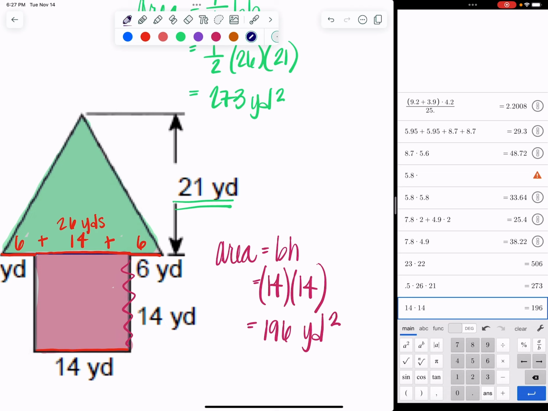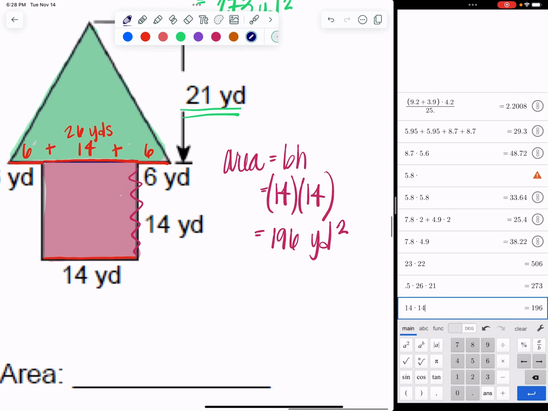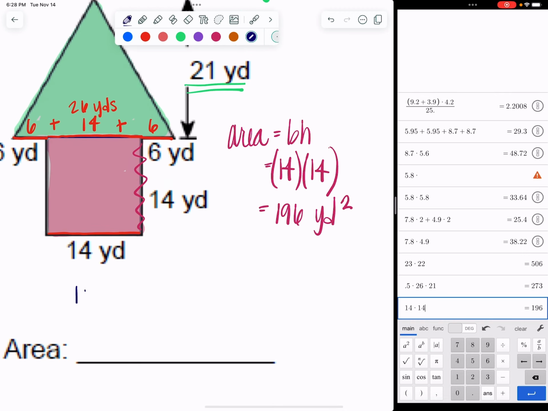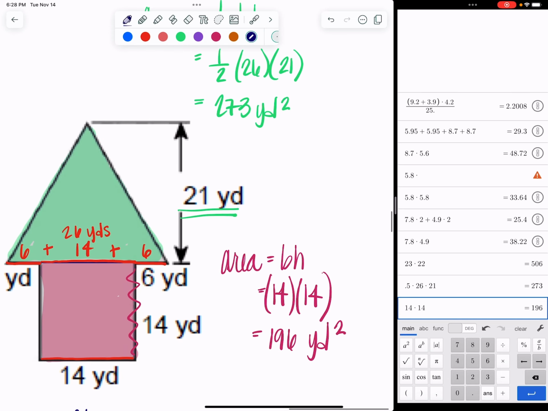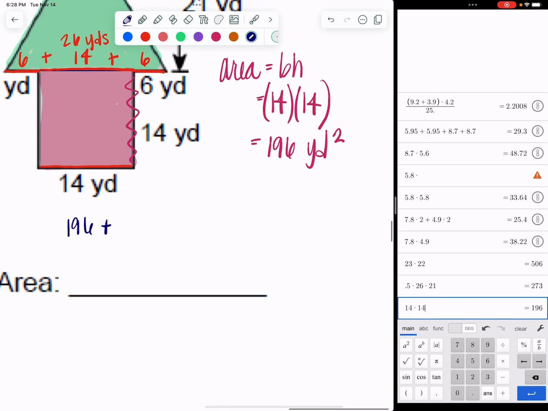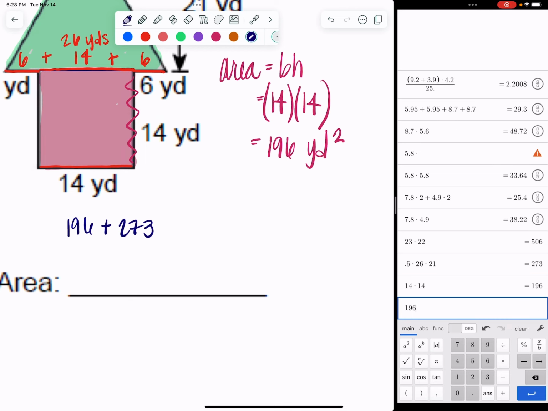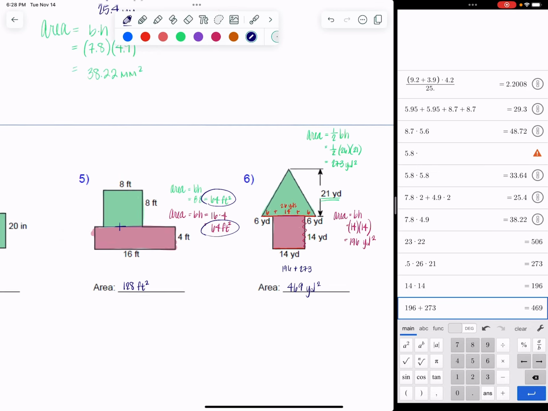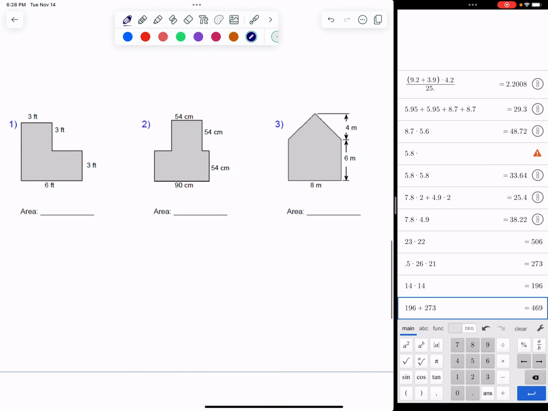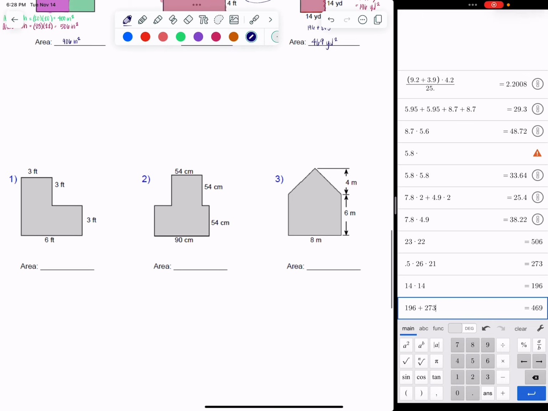My square is 196 square yards. If I add them together, I already forgot what it said, 273. I get 469 square yards. We'll pause there.